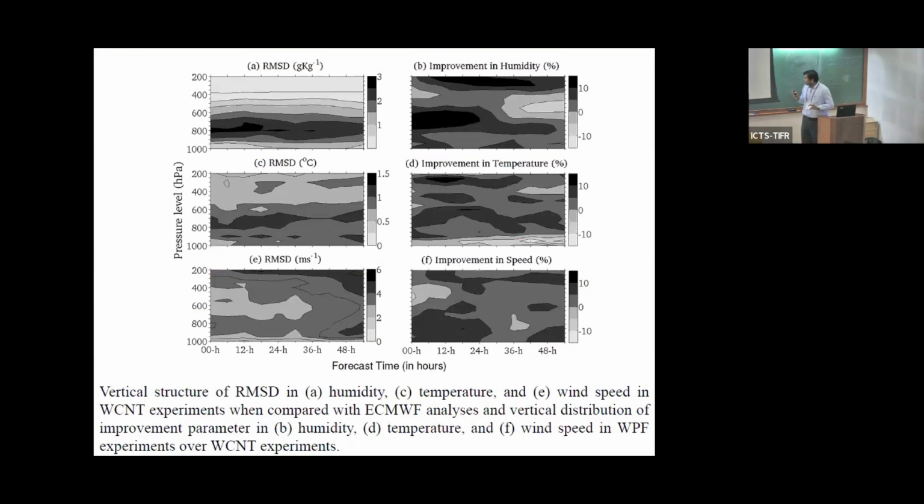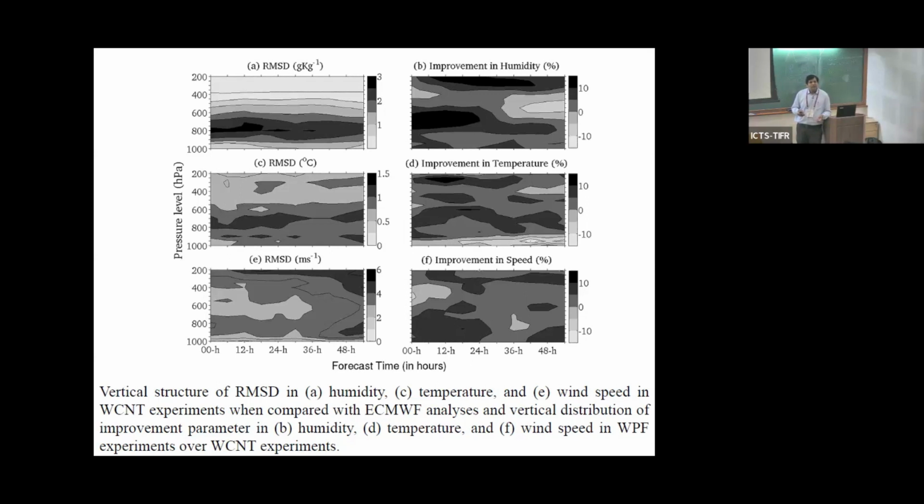Now, not only in the track forecast, we checked whether my basic fields also change, what happened with my basic parameters: temperature, moisture and humidity. So here we plot the improvement in humidity, temperature and wind speed. Again, positive value is improvement, negative is degradation.